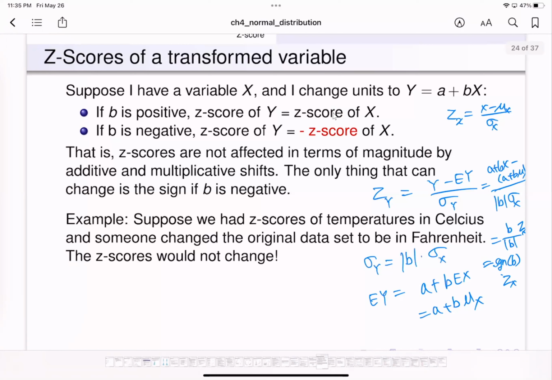Originally you have data collected in Celsius, like in many other countries, and the data have been converted to z-score. After the data came to the US, people here want to use Fahrenheit. Then the z-scores with Fahrenheit will be identical to those using Celsius, because b is 9 over 5, a positive value that does not change the z-score.